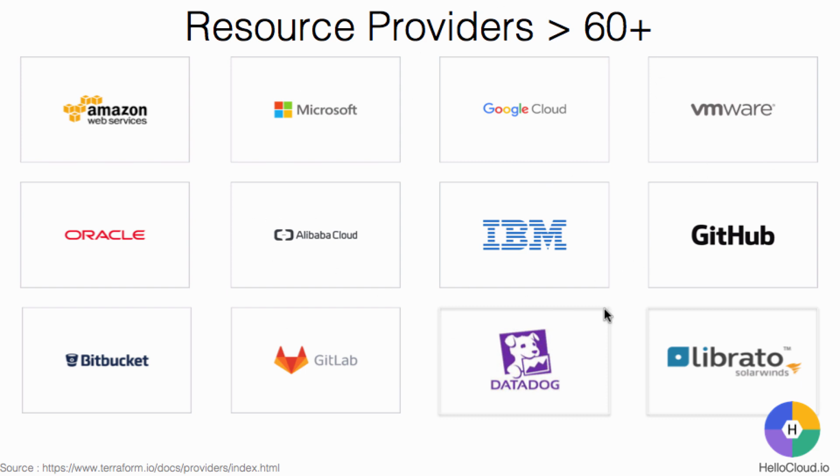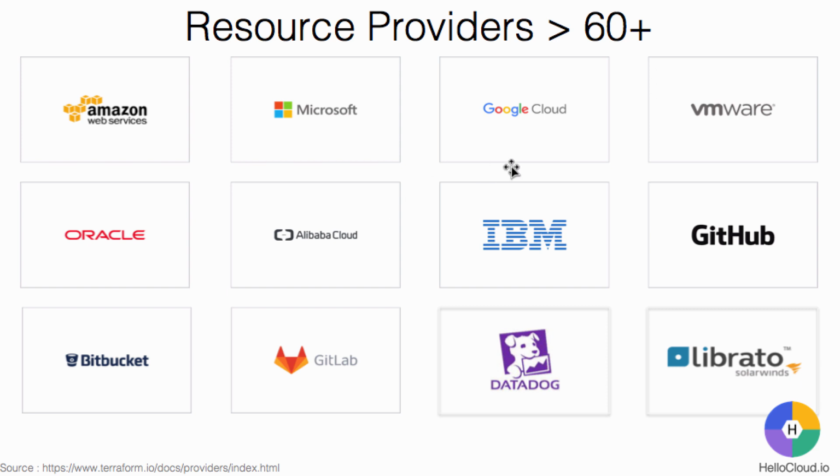And here are these resource providers. For example, resources are specific things like EC2 instances, virtual machines, virtual private cloud VPC, load balancer, security groups, Docker containers, and so on. The provider is responsible for underlying API interaction with and exposing their resources, and HashiCorp works with a lot of providers.